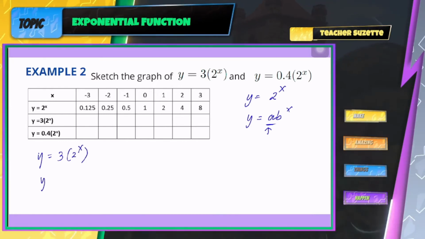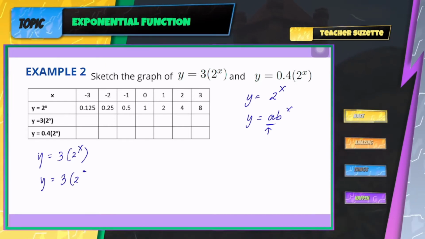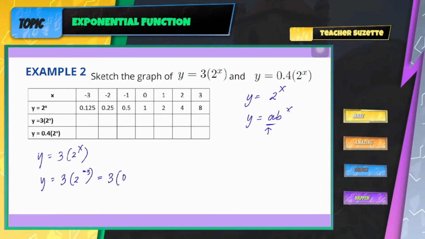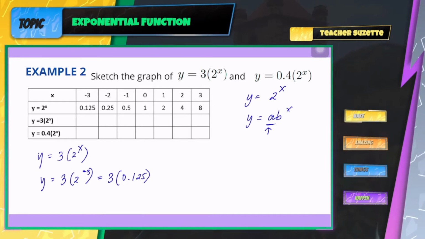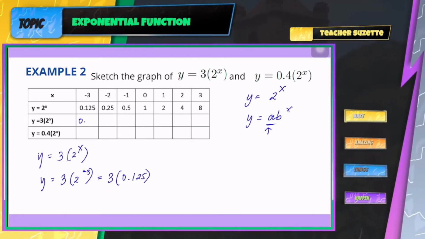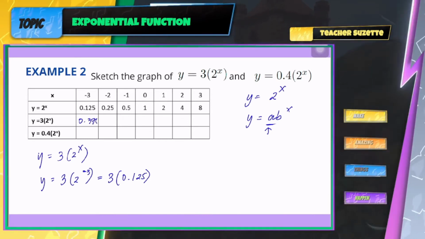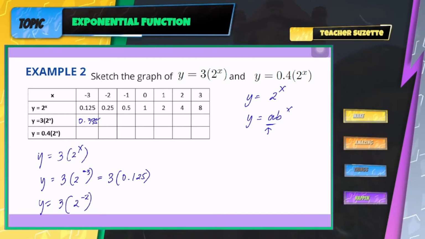Particularly, let's have y equals 3 times 2 raised to negative 3. And 2 raised to negative 3 is equal to 0.125. So, the answer is 3 times 0.125, which is equal to 3.75. Next, y equals 3 times 2 raised to negative 2.